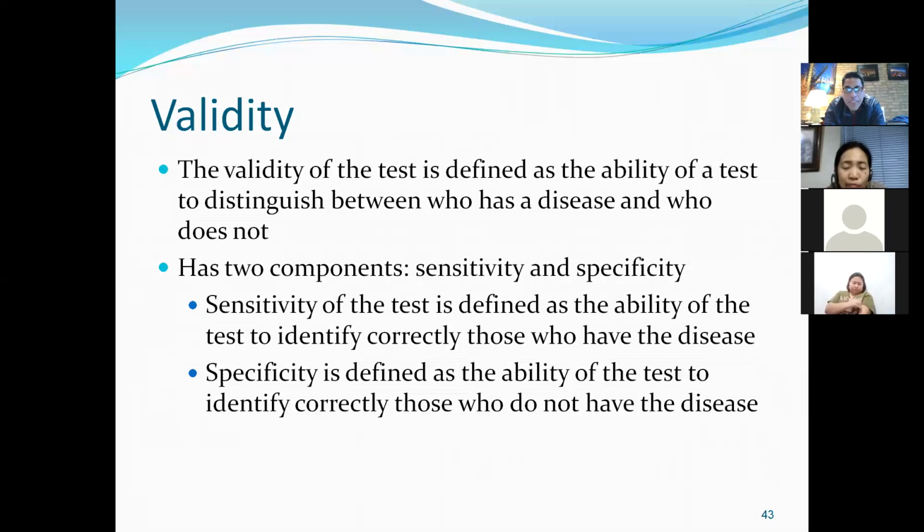What about specificity? It is defined as the ability of the test to correctly identify those who do not have the disease. A very good example for this is always the HIV antibody test.